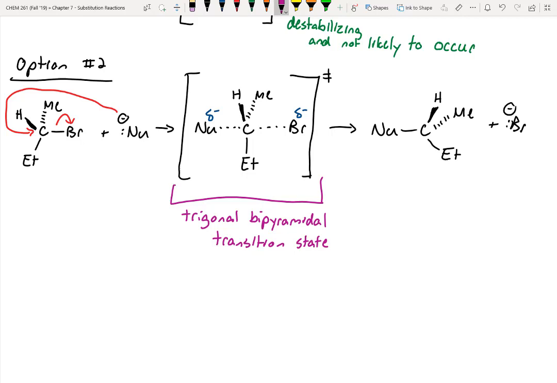All right, so the cool thing with this is you see how if we're comparing our starting material on the left-hand side to our final product, the nucleophile is actually attached to the opposite face, right? So in this case, we call that an inversion.